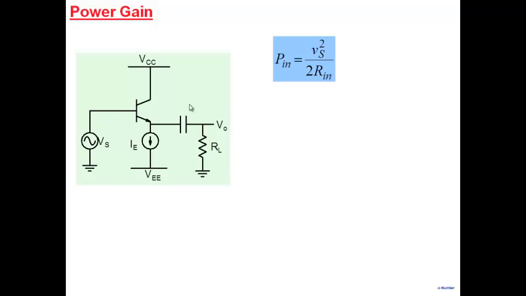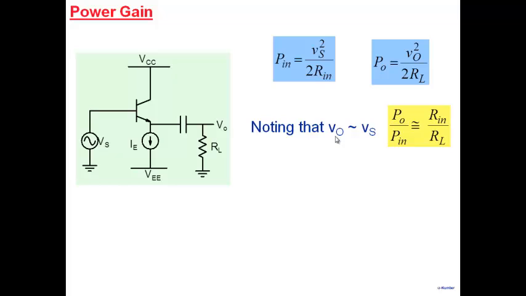Rn is the input resistance. The power that is delivered to the load is V0 squared by 2 RL. Obviously, we are assuming a sinusoidal signal here, and we note that V0 is basically equal to Vs. It's an emitter follower, voltage gain is 1, so V0 is equal to Vs. When we take the ratio, we get Rn by RL. Power gain is Rn by RL.